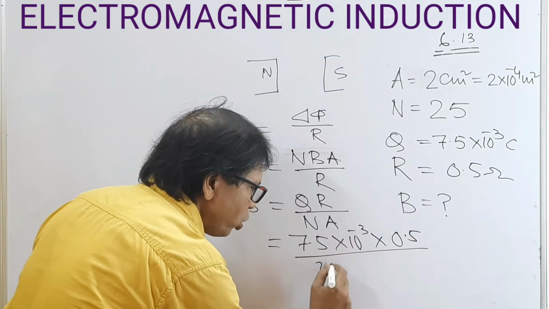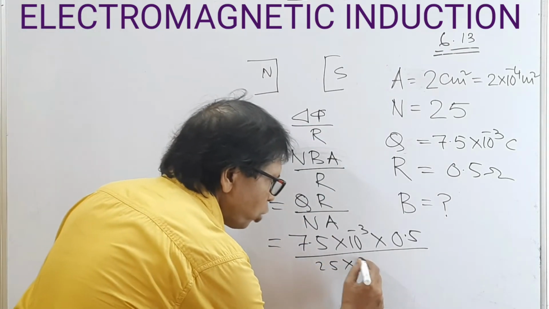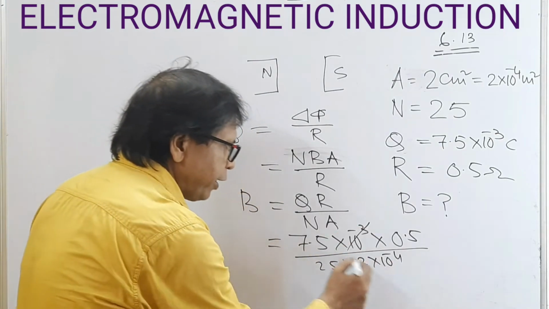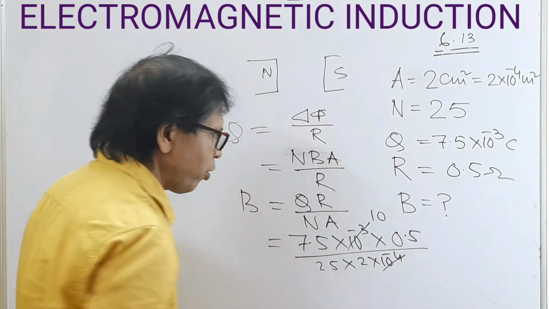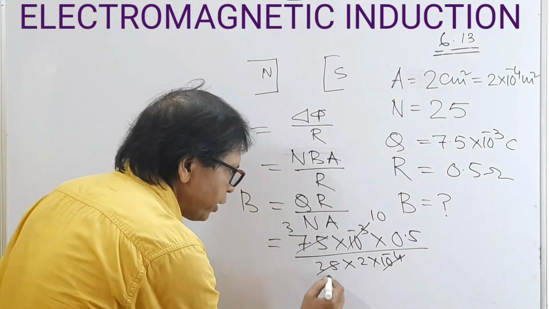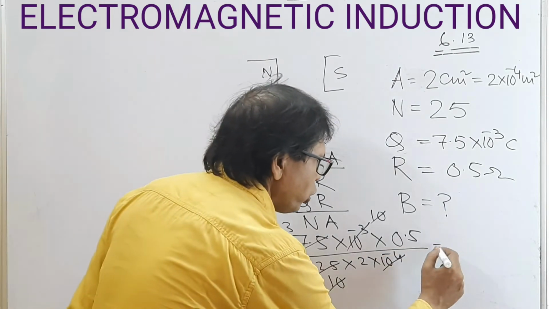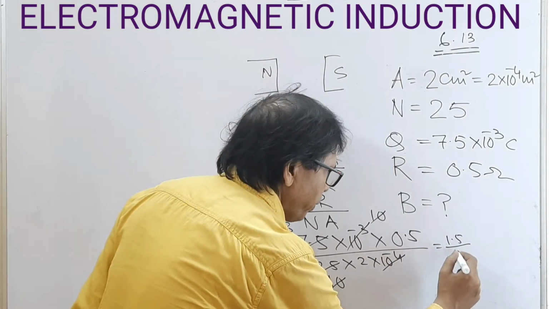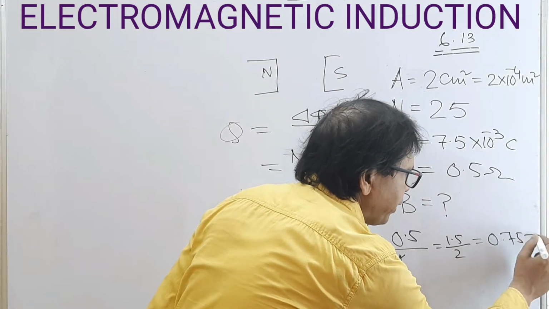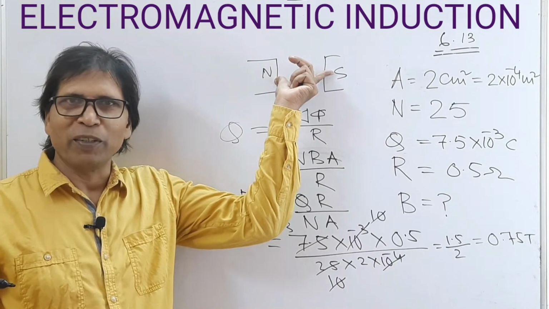Number of turns is 25. And area of the coil is 2 into 10 to the power minus 4. Now look at this and this, the powers cancel out. So this is 1.5 divided by 2, which is 0.75 Tesla, the magnetic field between the two pole pieces.